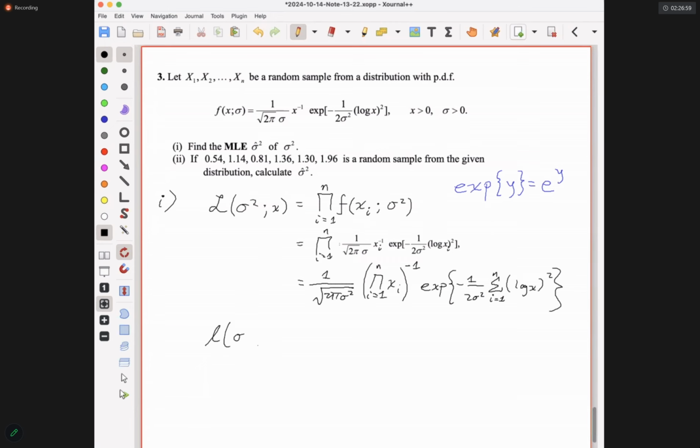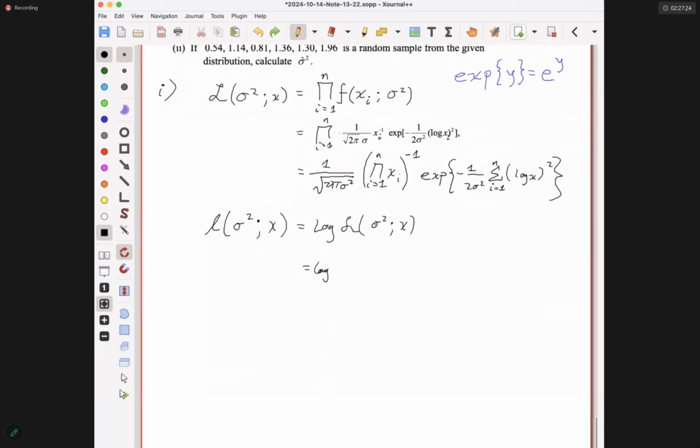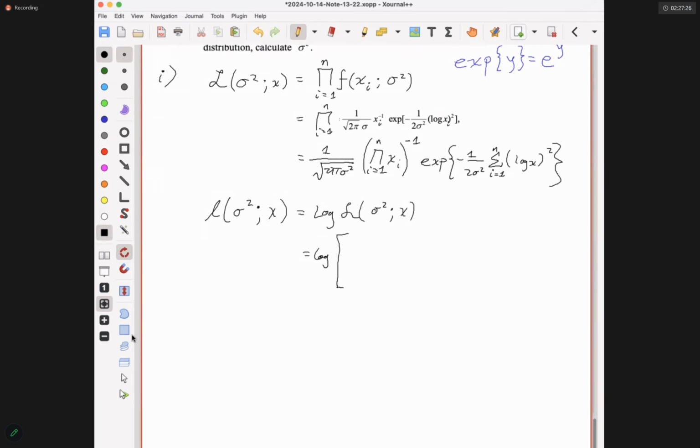So we're looking at the log likelihood of sigma squared given our sample, which is the log of our likelihood function. And so that's the log of everything that we have above. What does that log come out to?